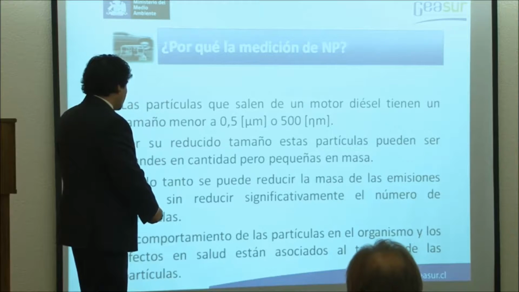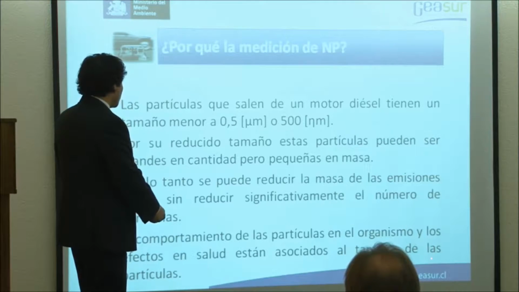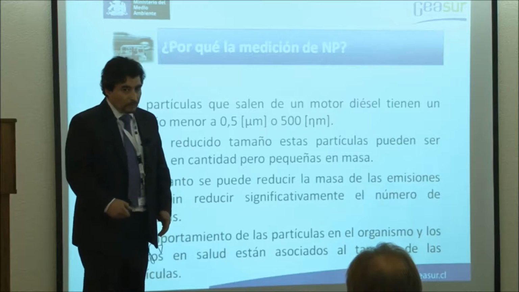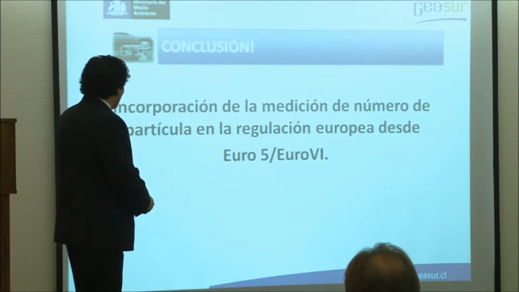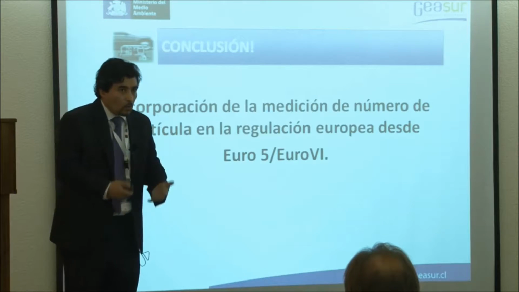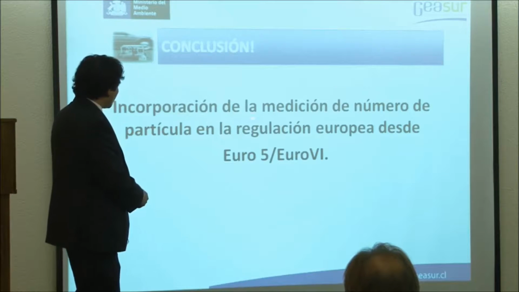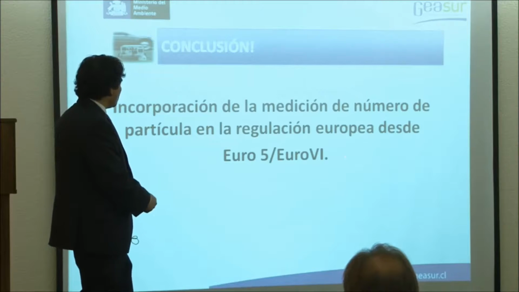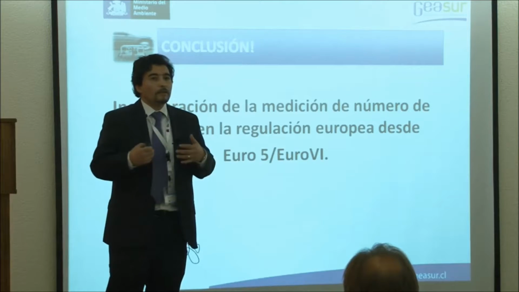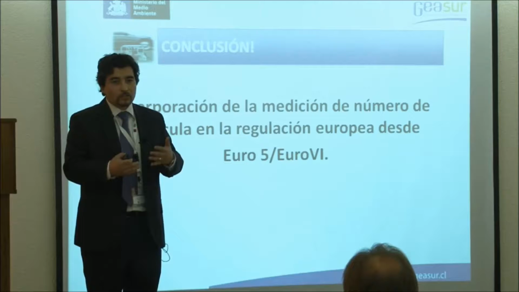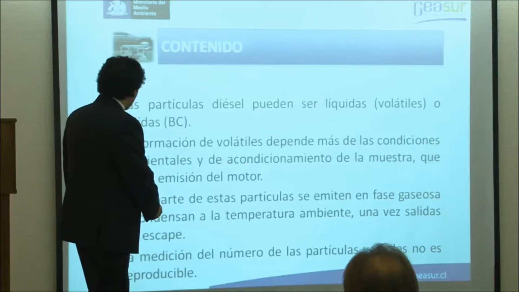Now, the behavior of these particles in the organisms and their health effects are associated with the size of these particles. All of this concludes in the incorporation of the measurement of the number of particles in the European regulation from Euro 5 to Euro 6, which means that we have to go to number measurements.